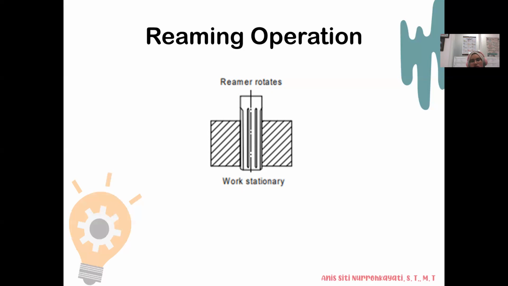So if after the first operation, drilling, the workpiece is rough or not smooth, then the next operation is reaming, used to make our workpiece smoother. A reamer is a multi-tooth tool that possesses several cutting edges on its outer periphery and may be classified as solid reamer and adjustable reamer.